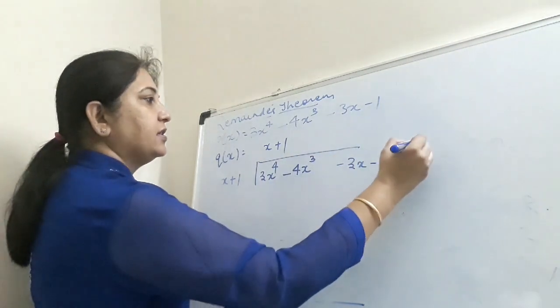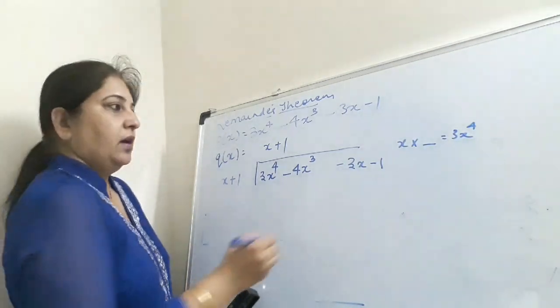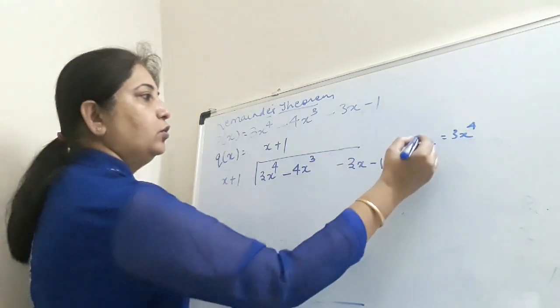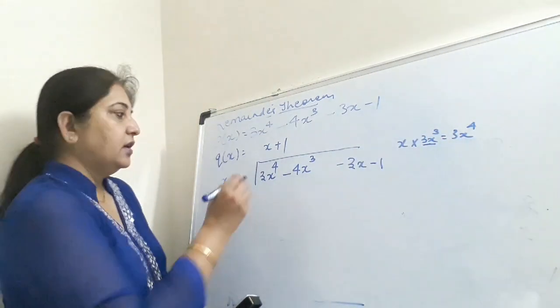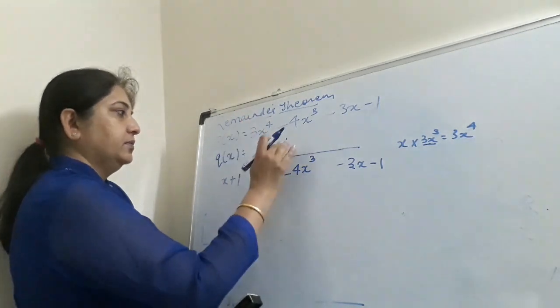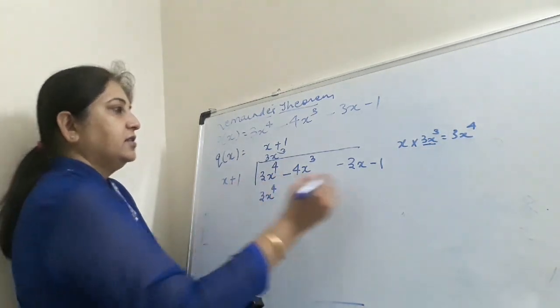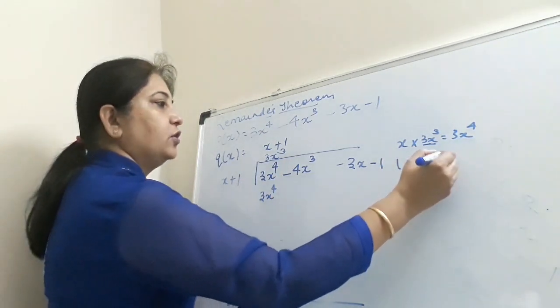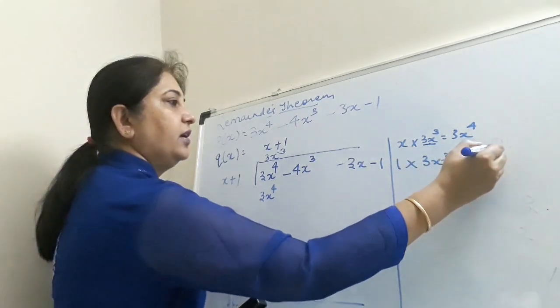Start. x into dash is equal to 3x to the power of 4, and x into 3x cube will give you 3x to the power of 4, right? So I will write here 3x cube, right? And copy down 3x to the power of 4, and 1 into 3x cube will give me 3x cube.